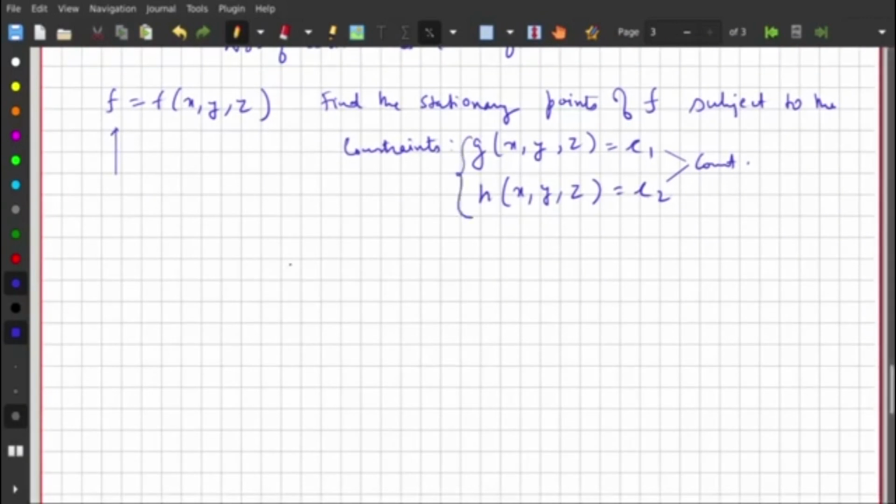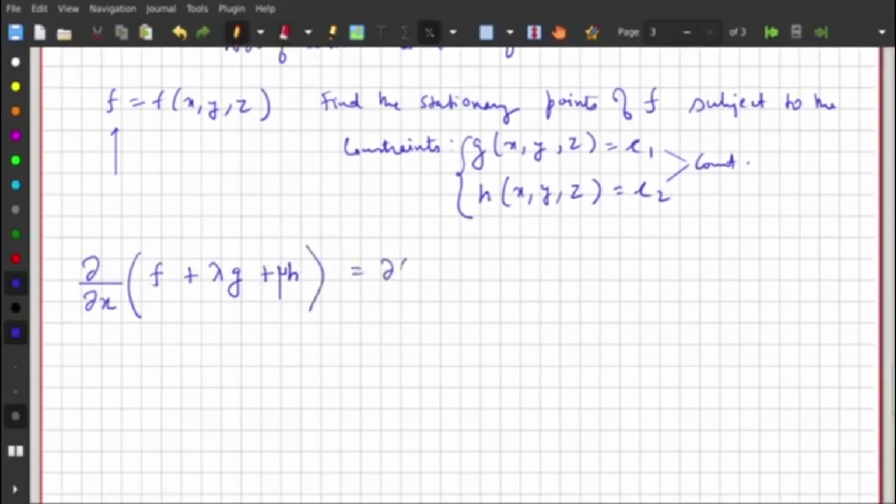If we extend our previous idea, the equations become: the partial with respect to x of f plus lambda g plus mu h, which becomes partial f partial x plus lambda partial g partial x plus mu partial h partial x equals 0.